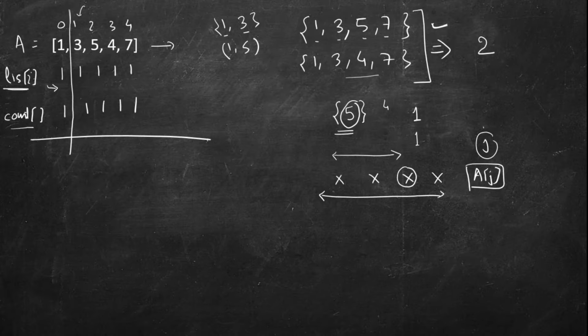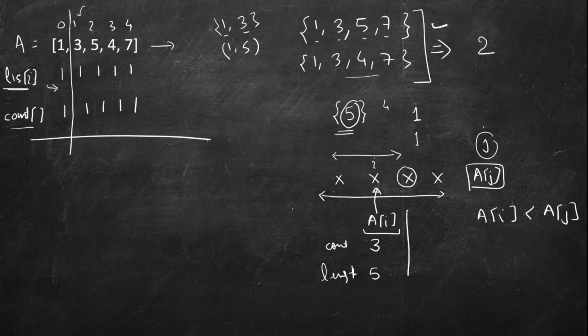But if some element is smaller, let's say at index i with value ai, and ai is less than aj, and there are, let's say, 3 longest subsequences ending at ai with length 5, where this is the length of the longest increasing subsequence and this is the count. Then we found that ai is smaller than aj.